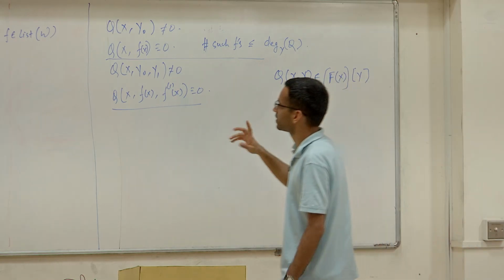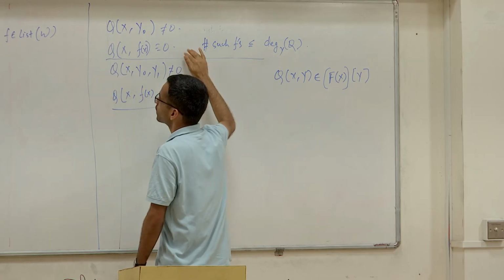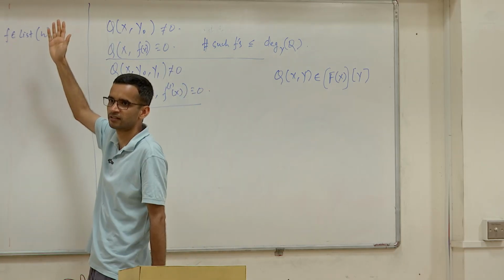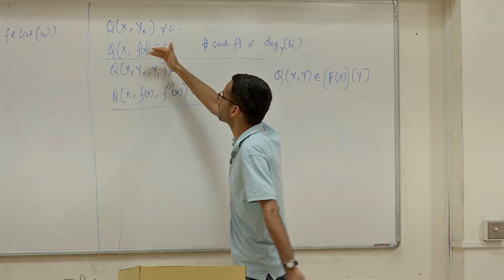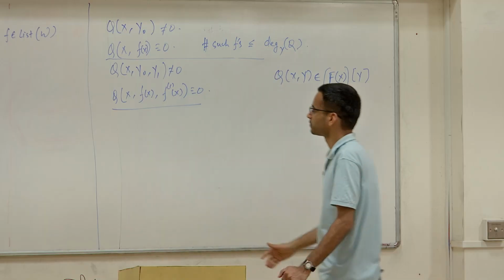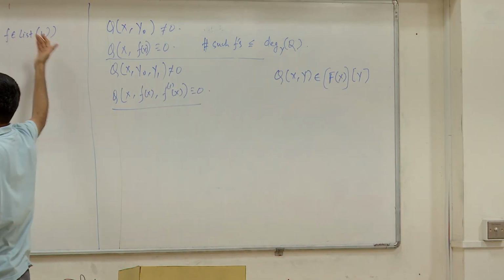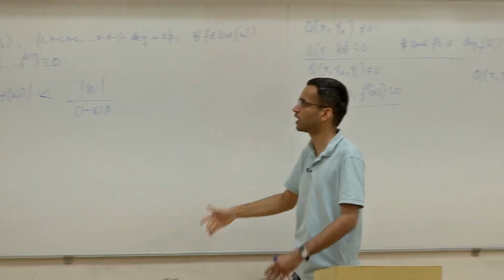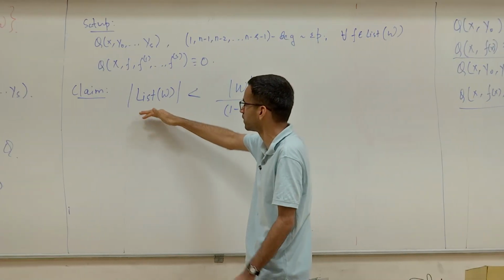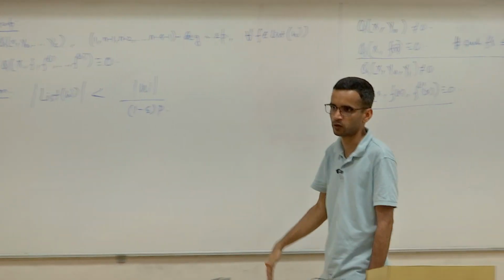The other thing to notice is that in this bound, it didn't use the fact that f was in some list, right? The number of such f's is upper bounded by the degree in y of q, period. So in order to prove this, we will use the fact that f is in the list, w is a set which is not too large, and some of this should be obvious from the way the claim is stated. We are going to upper bound this list in terms of the size of w.